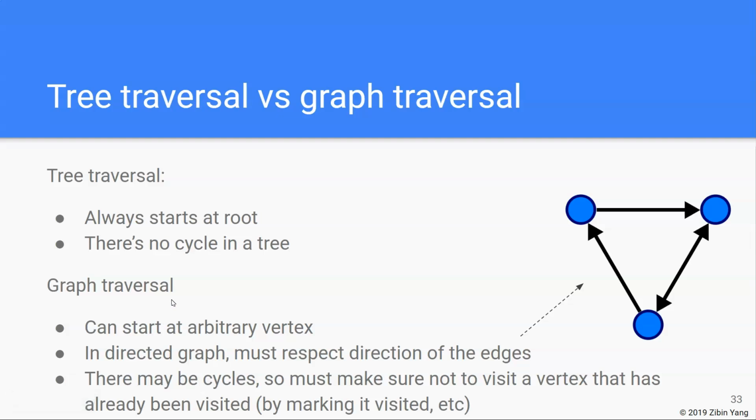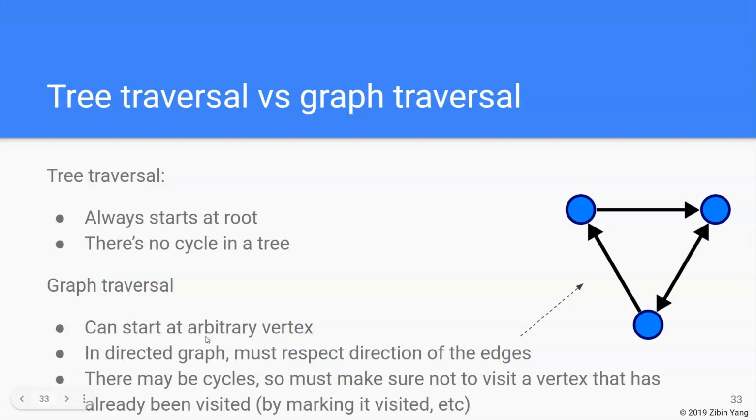Lastly, we've talked about traversal in the data structure of tree. While tree is a graph, there are differences. So let's talk about the differences between tree traversal versus graph traversal. So first, for a tree, we can always start at a root. But for a graph, there is usually not a distinct root node.